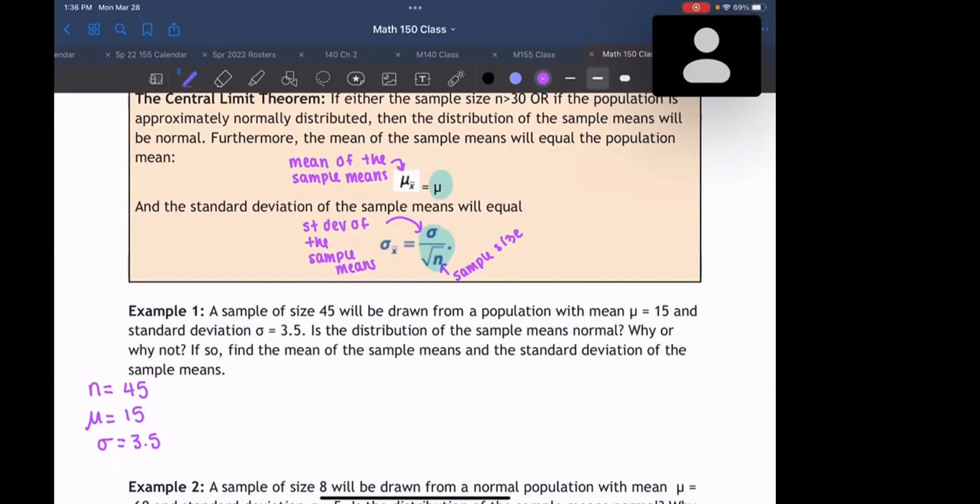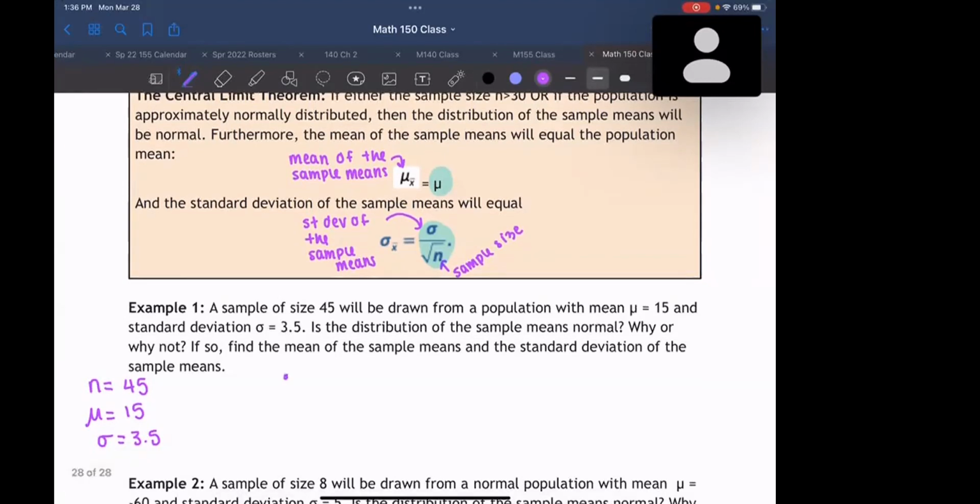Is either one of those true? Which one? Yes, right? We know 45 is the sample size, and it is bigger than 30. So yes, the sample means are normal.